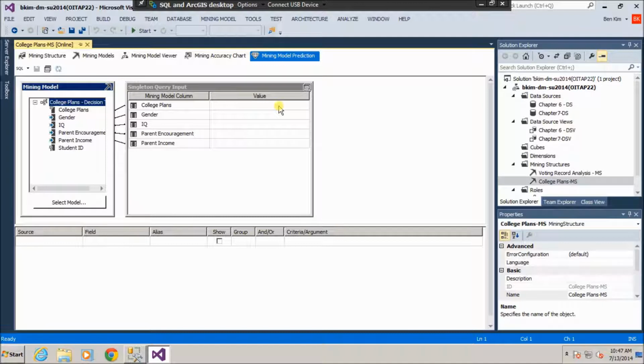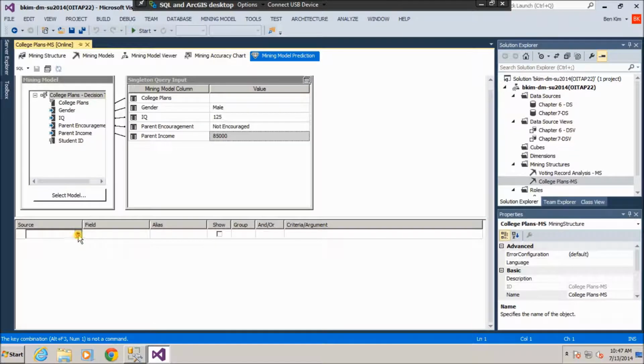So let's just provide some input. Gender, let's say male, IQ about, I don't know, 25. Parent encouragement, not encouraged. Parent income, 85,000. And let's see a college plan, and run it.